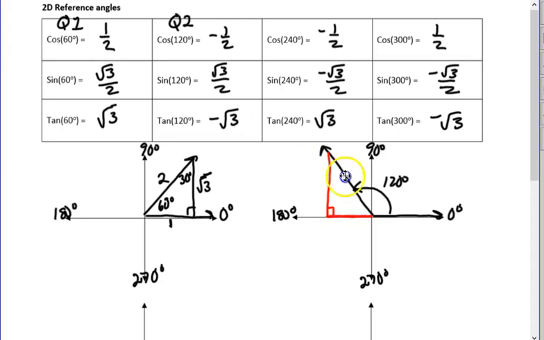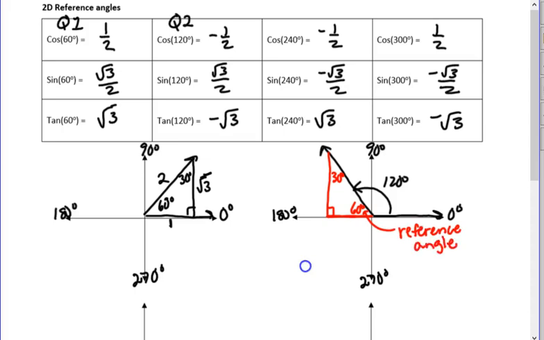And because this is 120 degrees, and if I keep going the rest of the way to 180, I'm going another 60 degrees, I have another 30, 60, 90 triangle. This angle right here, this 60-degree angle, is known as the reference angle for 120.